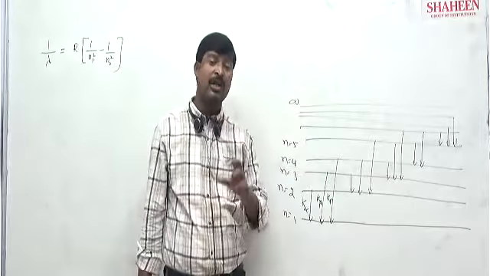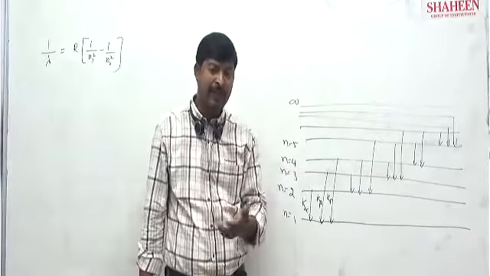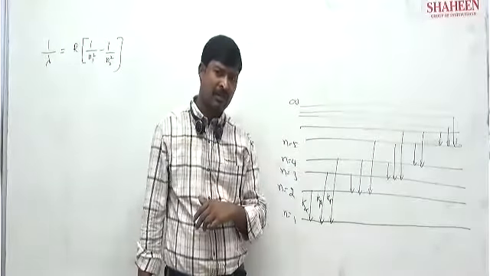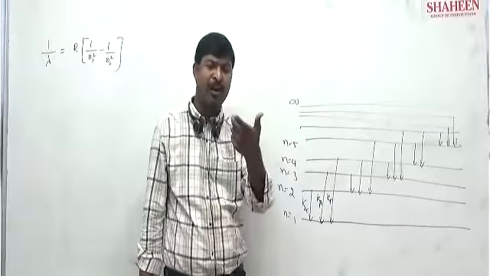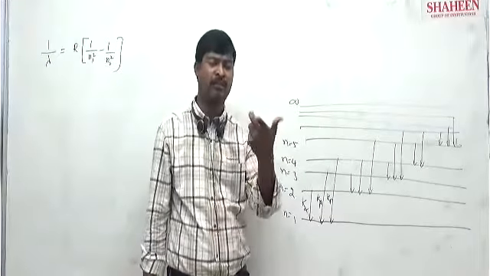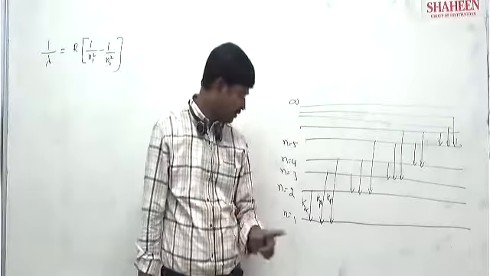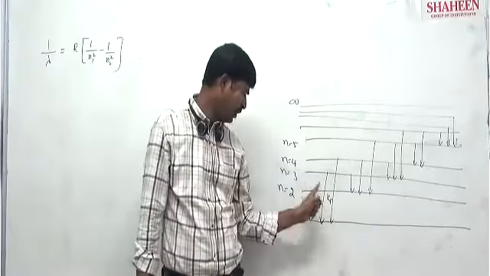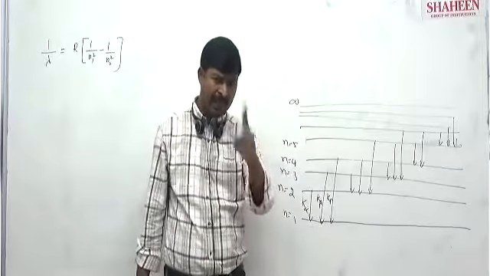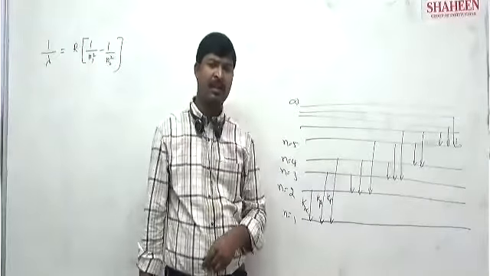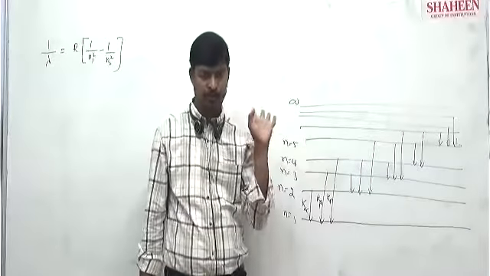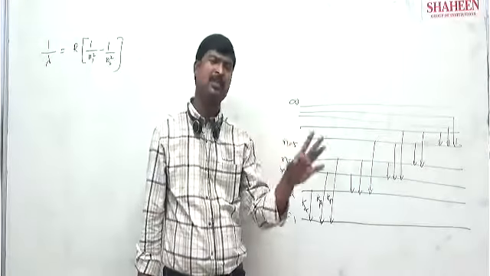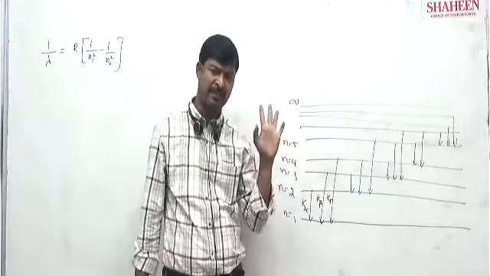So if they ask what is the wavelength emitted by the photon when the electron jumps and forms the spectral line K beta, K beta means N equal to 3 to N equal to 1. Basically, K means a transition from higher to 1. Clear? K means the Lyman series.